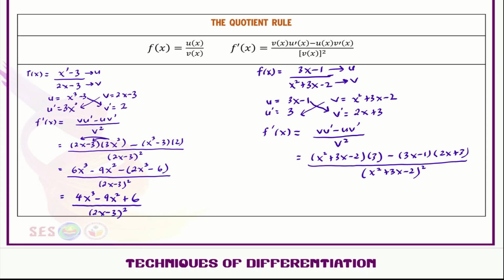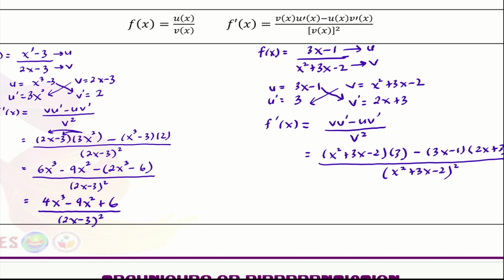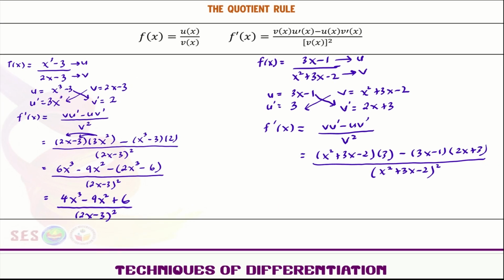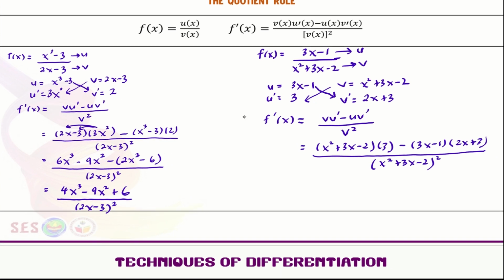What we will do is simplify the numerator. We should obtain 3x squared plus 9x minus 6.